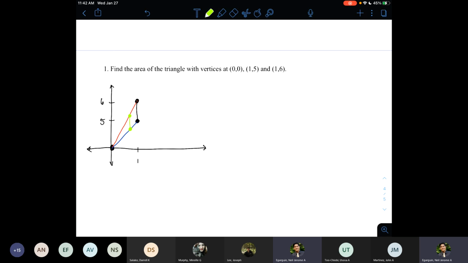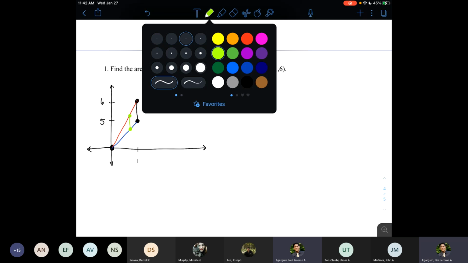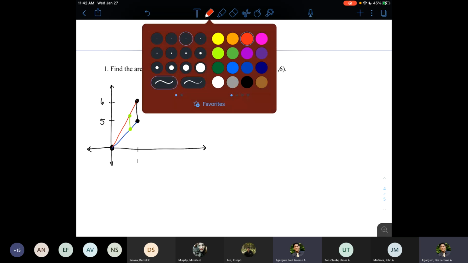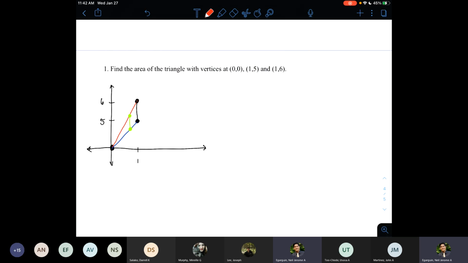So if you still remember, you can compute that using the point slope form of a line. So this line, this function, I'll call it f. This is between 0, 0 and 1, 6.